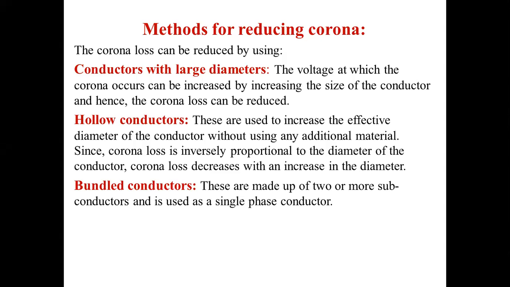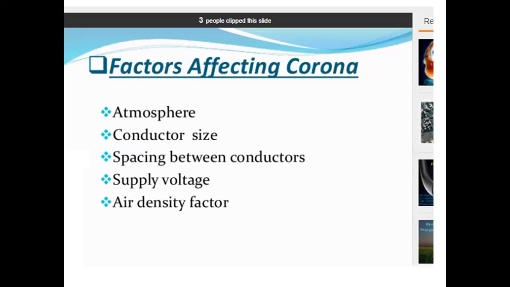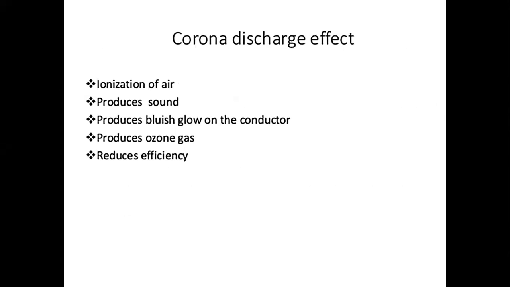Corona effect. In the last lecture, we have studied what the corona effect is, what the corona discharge is, how it appears, how the ionization of the air occurs around the conductor, how the hissing sound is produced around the corona, and why the violet glow appears around the conductor.